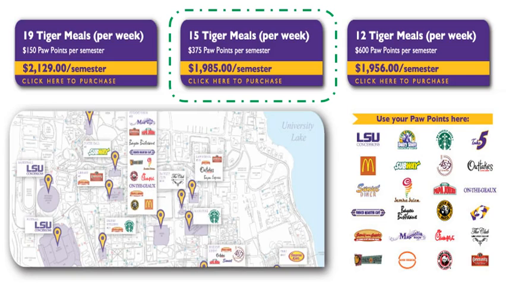What's pretty cool, you can see in this example where you can use your paw points, like Subway, McDonald's, Take 5, Chick-fil-A, a plethora of places. Now, be warned, especially if you're an incoming freshman or a senior about to graduate, points can go very quickly because it's convenient to say, oh, I'll just go out to eat, and you run out of paw points pretty quickly.